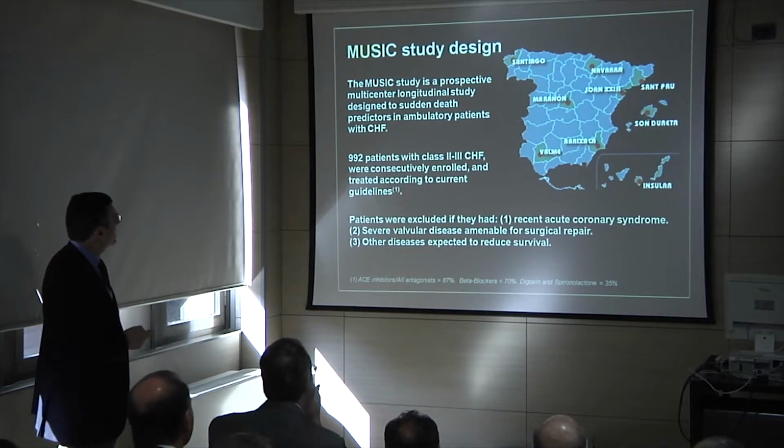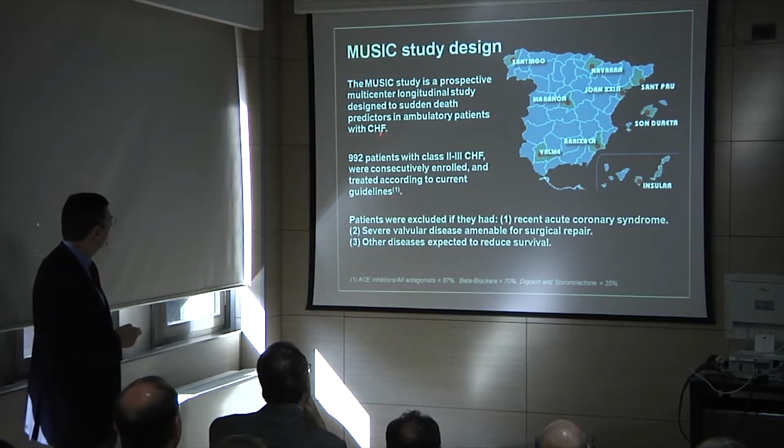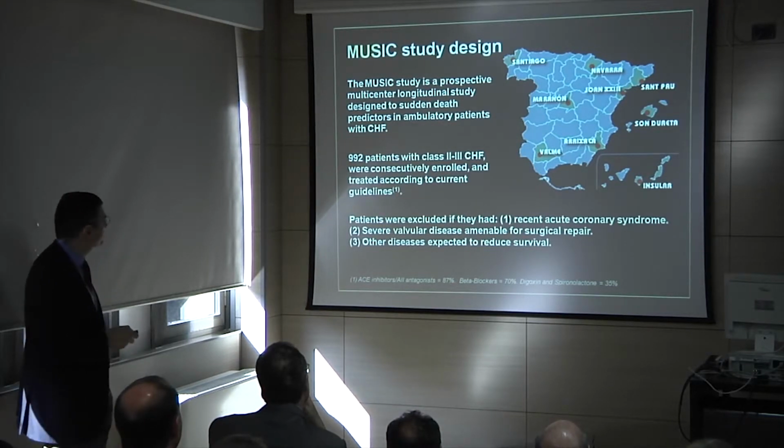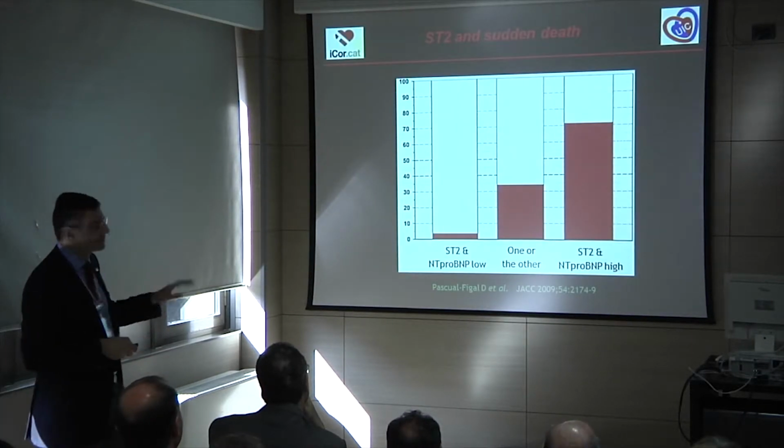The MUSIC study is a prospective multi-center study designed to evaluate sudden death predictors in ambulatory patients with congestive heart failure. 992 patients, class 2-3. This is a multi-center study in Spain, and the main outcomes are these ones.